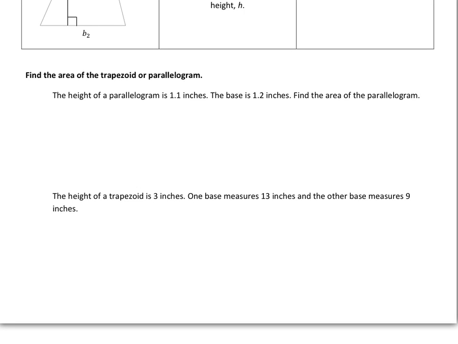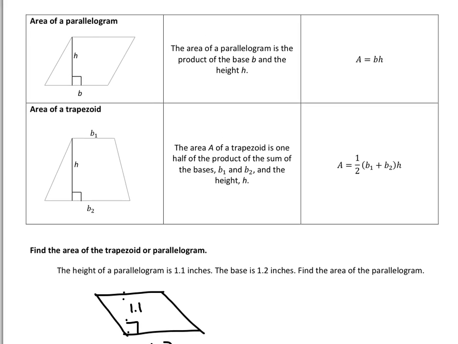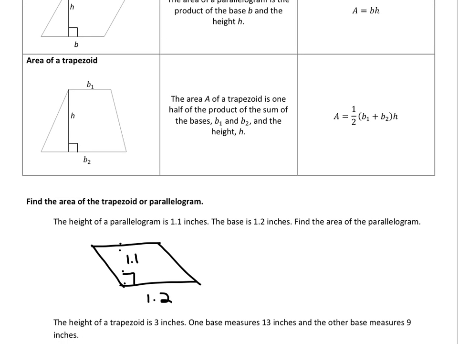Okay, so I have a parallelogram, and it has a height of 1 1/10 inches. So I'm going to go ahead and draw a picture. It has a height of 1.1. The base is 1.2. I want to find the area of this parallelogram. Now if we look back up here, the area of a parallelogram is that simple one. We're just going to take the base times the height.